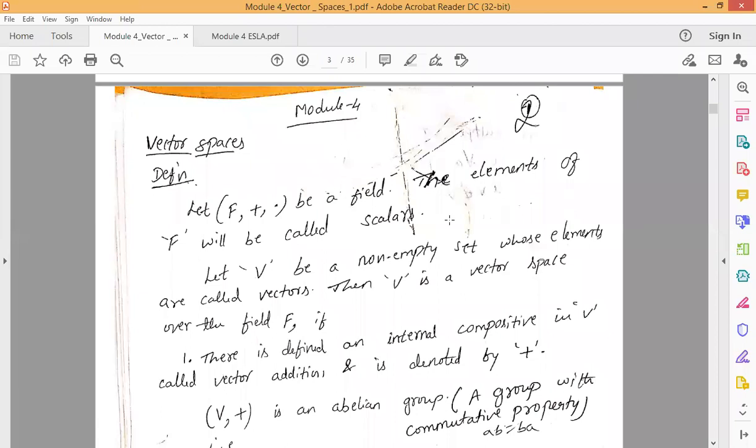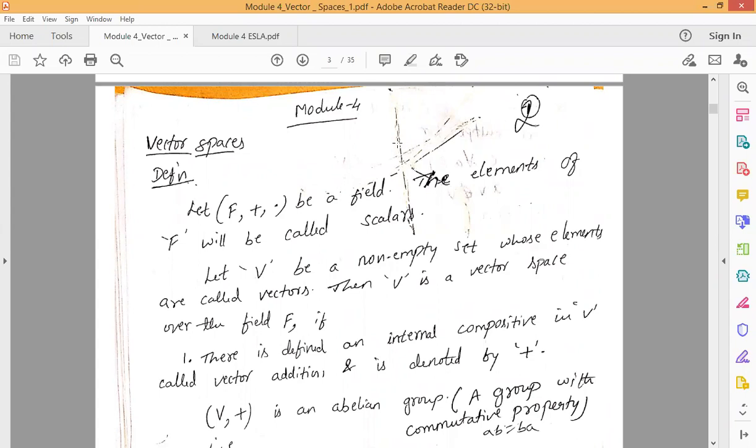So here, vector spaces. In order to define this, we need to have F, plus, dot. Here F is considered as a field which will consist of the scalar elements. Whatever elements are present within this F will be scalars. These elements should satisfy the vector addition as well as the scalar multiplication property.